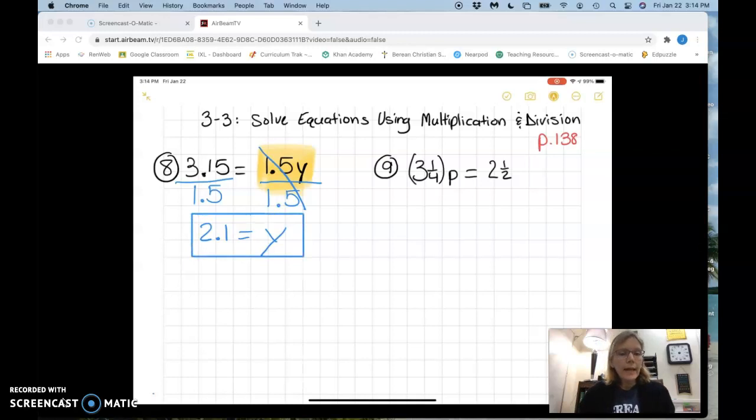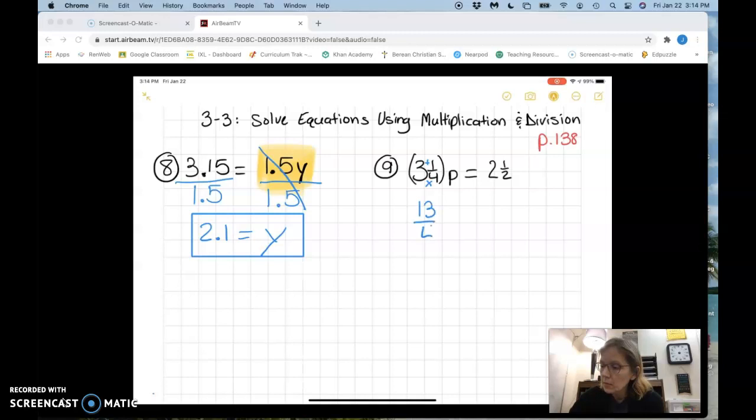Okay, and now the last one has a couple extra steps, but it's okay, we can still do it. Nothing to be worried about. The first thing we're going to do is change the mixed numbers to improper fractions. And we do that by multiplying there and adding there. So 4 times 3 is 12, plus 1 more is 13.